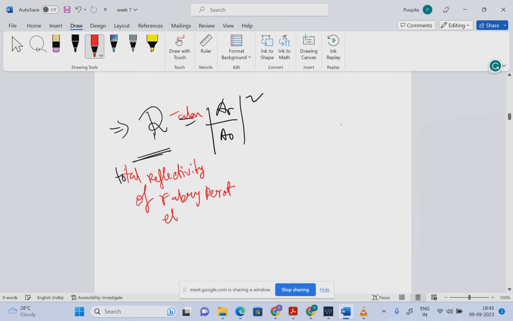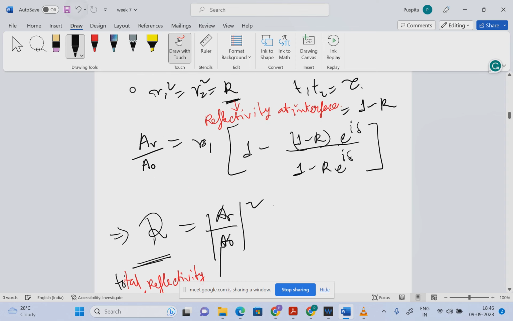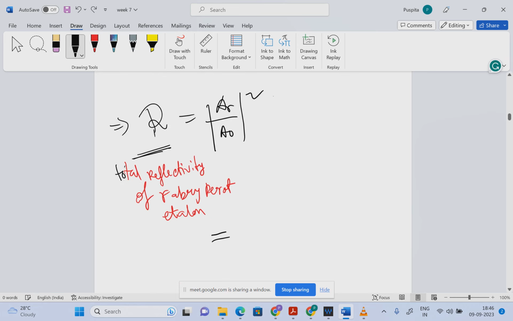Same for the transmittivity. So this will be R times 1 minus e to the power i delta by 1 minus R e to the power i delta whole square.